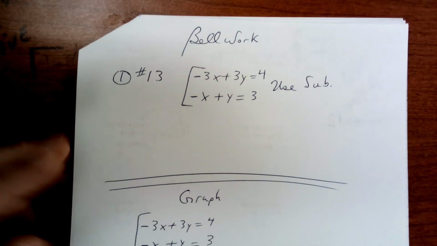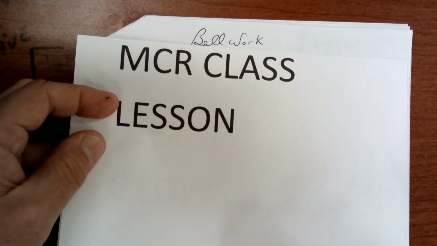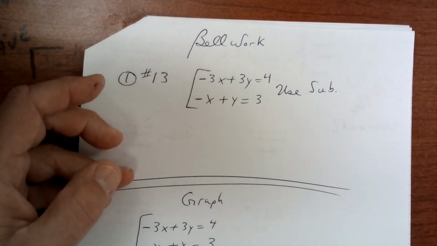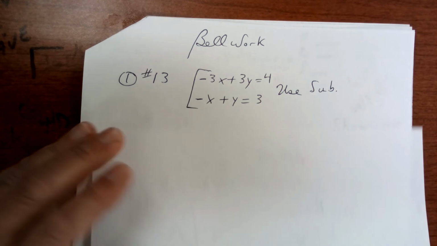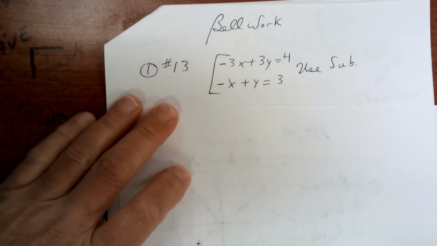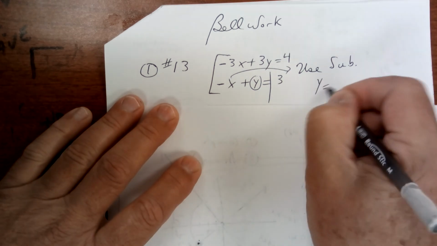Let's turn our attention now to MCR. So if you look at MCR, let's take a look at this. What we're going to do is use substitution. Now here you're going to go after this one, you're going to move the x over here. So you're going to get y equals x plus 3.